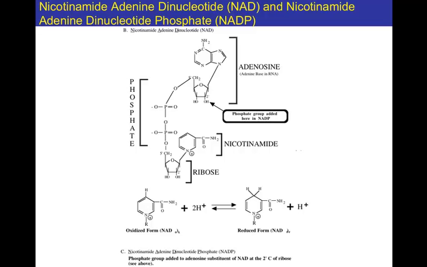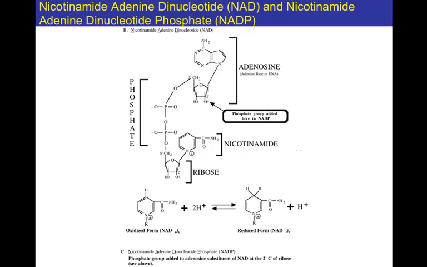Now, when a molecule picks up extra electrons, some of them pick up electrons without hydrogens, some pick them up with hydrogens. In this particular case, NAD picks up hydrogens as well. When such a molecule picks up hydrogens and electrons, it is extremely energetic. It's more energetic than it was before. And a molecule like this that's reduced is energetic.